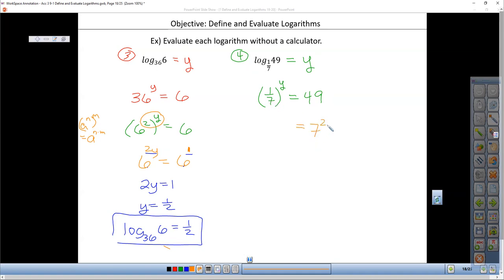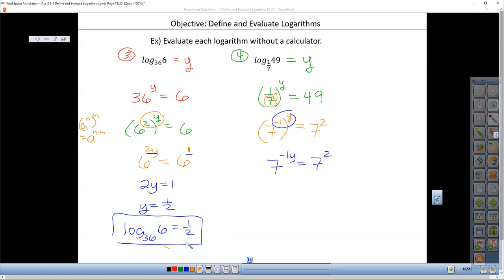49 is 7 squared, and to make this one a power of 7, I have to pull this to the top, and it has an exponent of 1, so that negative exponent property makes that positive 1 become a negative 1. And then we have again the power property, which says that to combine the negative 1 and the y, we'd multiply, so that gives us 7 to the negative y, or negative 1y power, equals 7 squared.